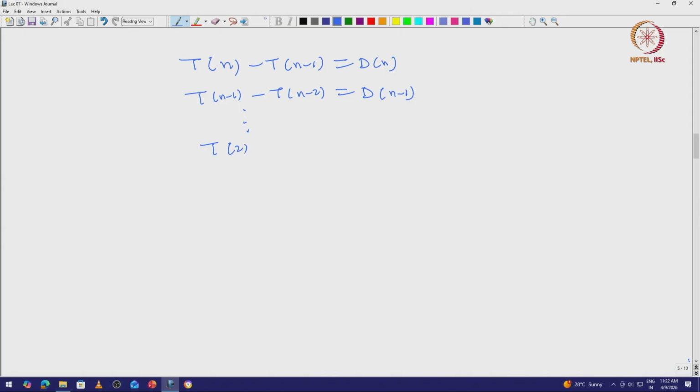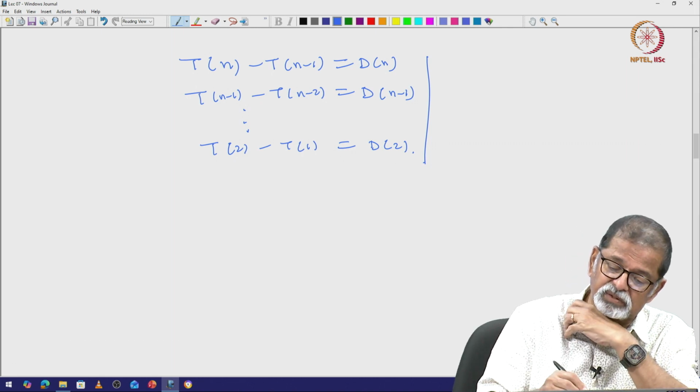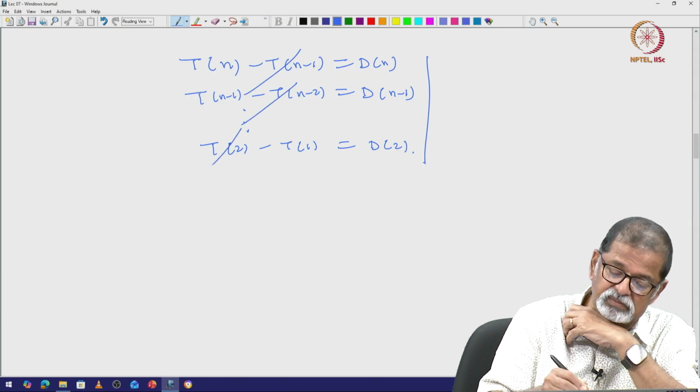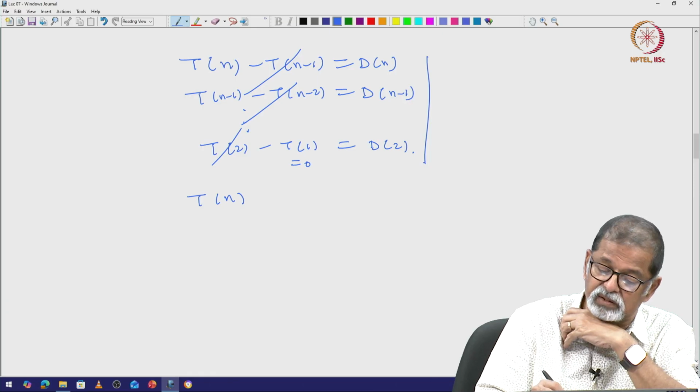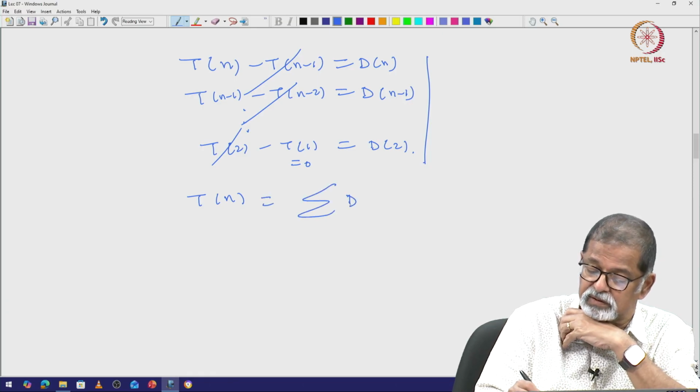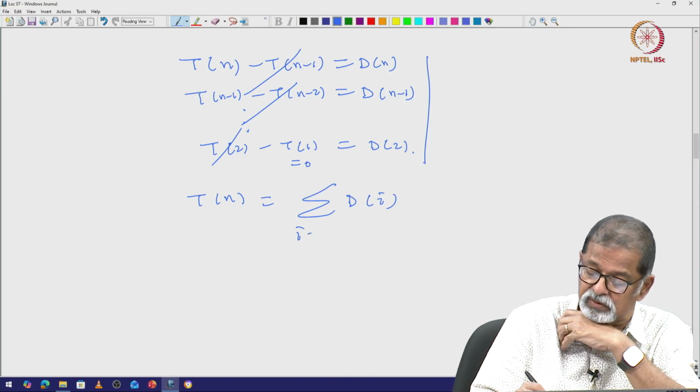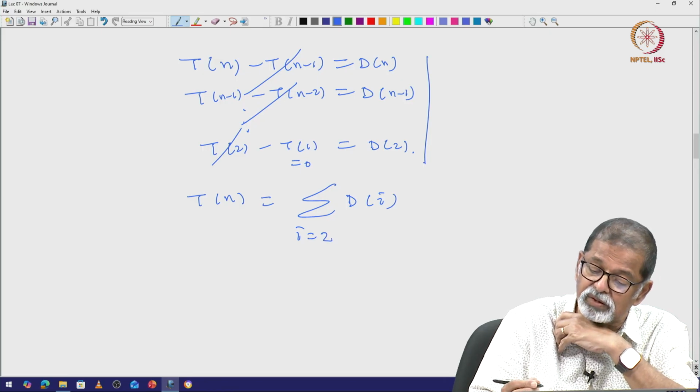T of 2 minus T of 1 is D of 2. Therefore, you have to add all of them. When you sum all of this, you get a telescopic sum: T of n minus T of 1, which is 0, is equal to the sum of D of i going from 2 to n.